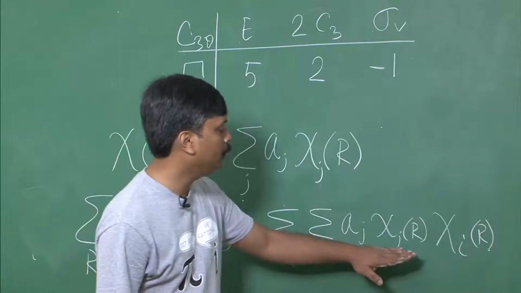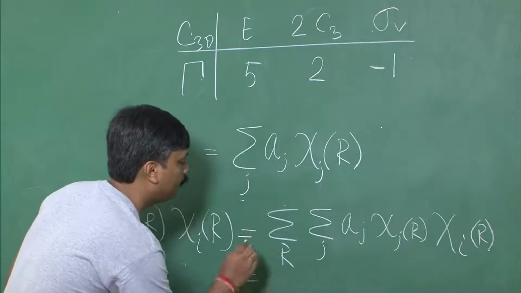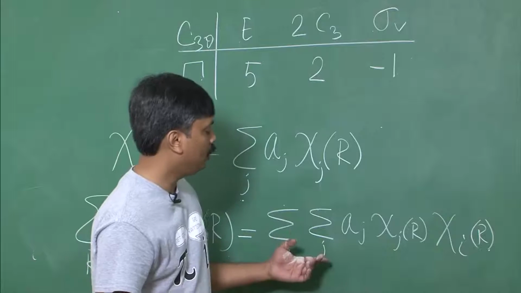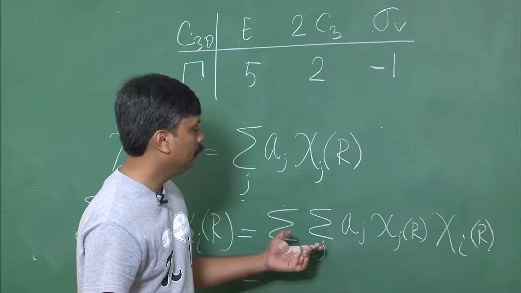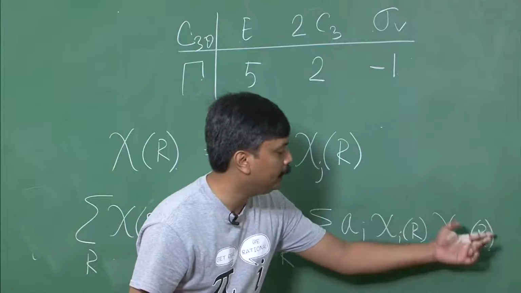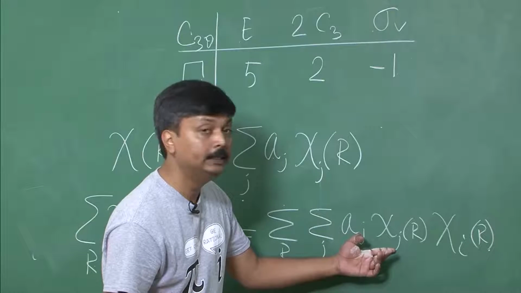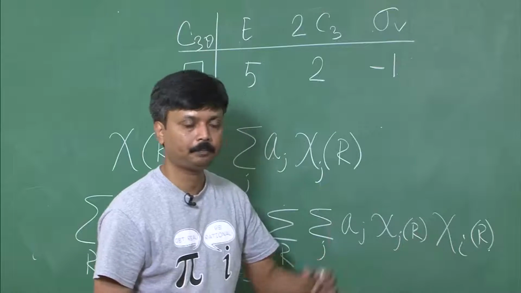So what we can see here, suppose I rewrite this one. Okay, before even rewriting, now if I look at this particular part, which is the multiplication of chi j and chi i.